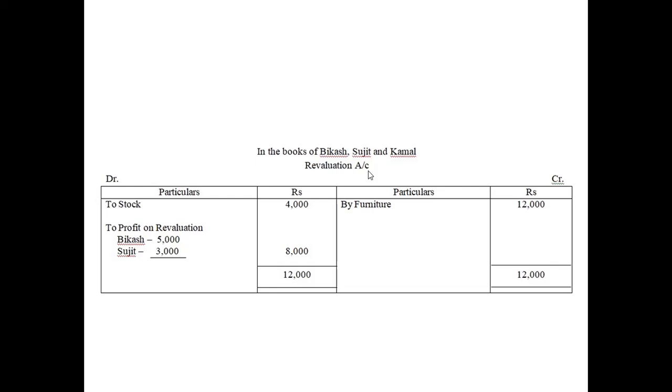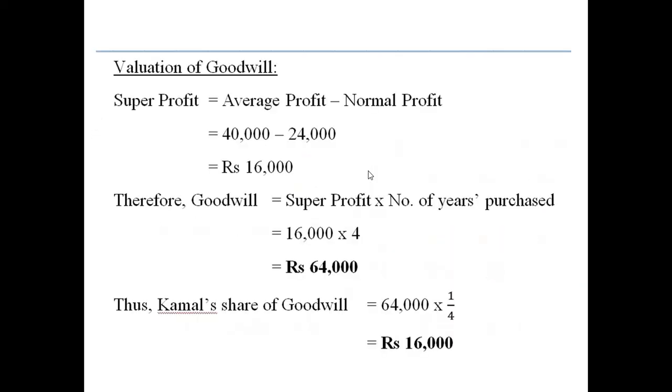Now let us move on to the capital account. But before moving towards this capital account, we have to do some calculations, or the working note, which has been given here. This is the valuation of goodwill. First of all we have to calculate the amount of goodwill.